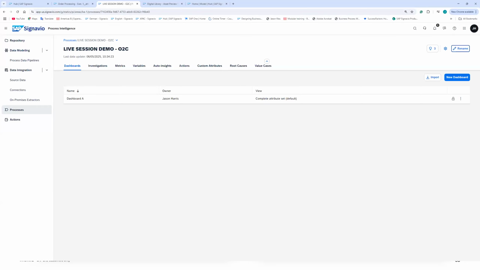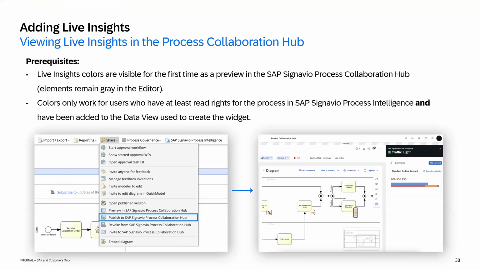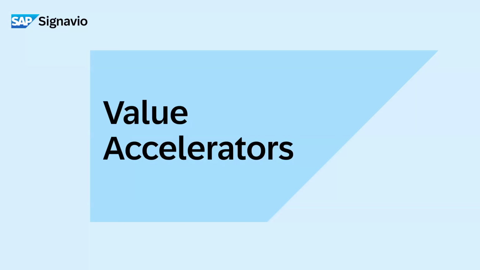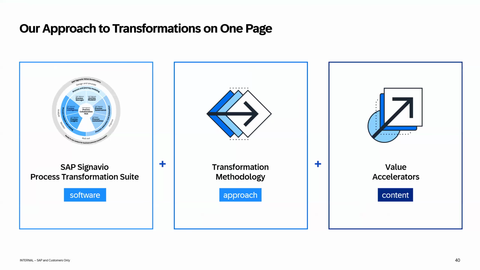So let's look at value accelerators for just a moment. Value accelerators are really a way to get fast results and get ready-made dashboards that are completely out of the box and produced for you for any number of processes.